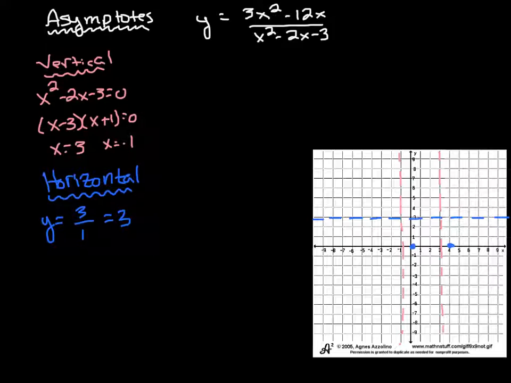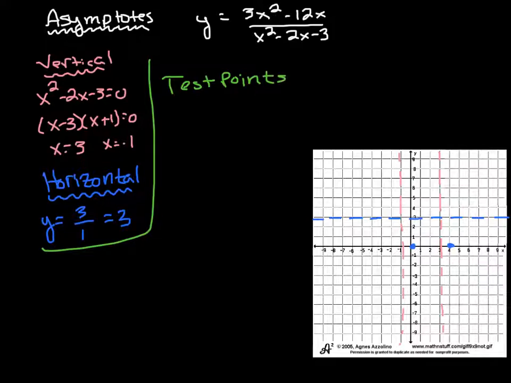Okay, now I'm going to do some test points, because we have all this stuff going on, and we don't really know where our graph's going to be. Test points. I want to pick a test point in this area, anywhere from -1 to -infinity.